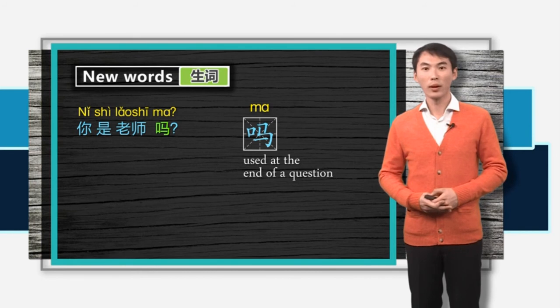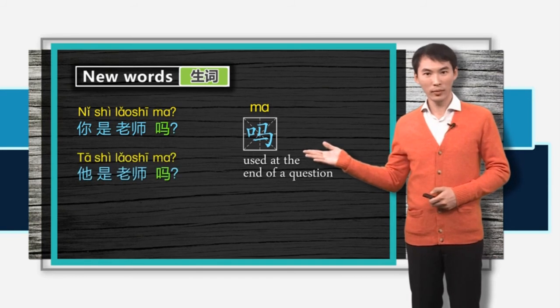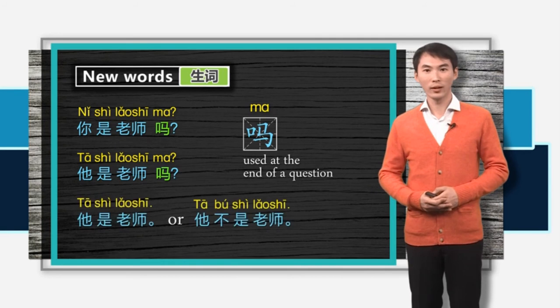跟我读, 吗, 他是老师吗? We can answer by 他是老师 as a positive response, or 他不是老师 as a negative response.